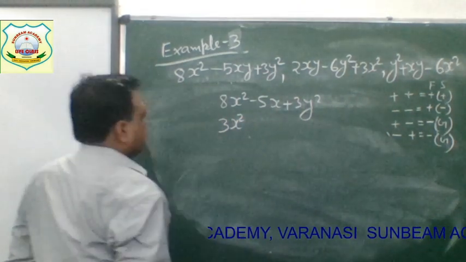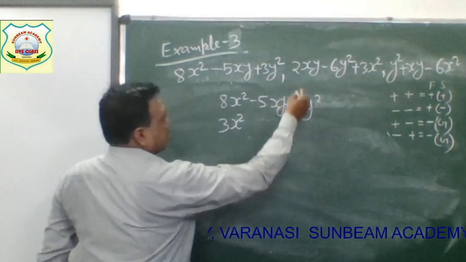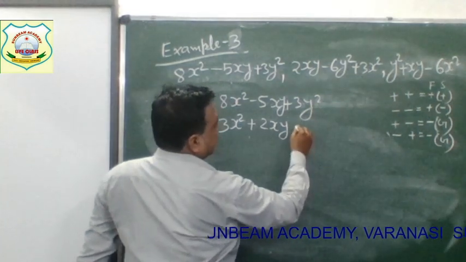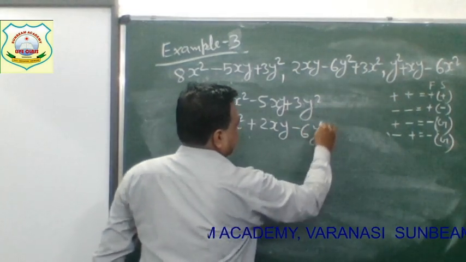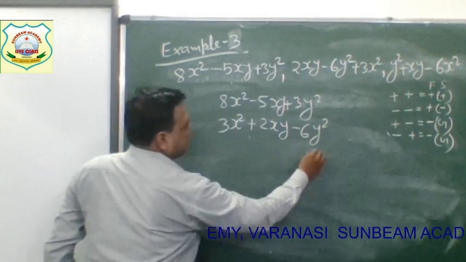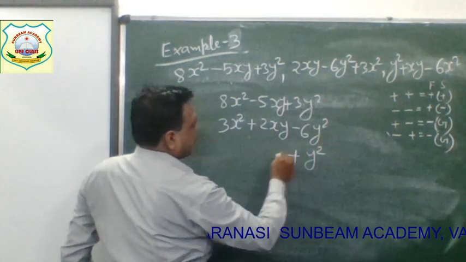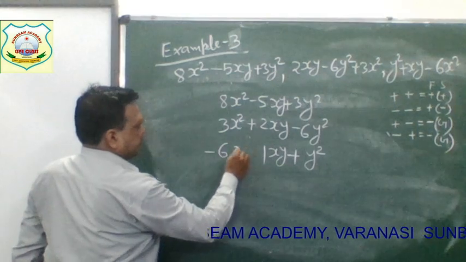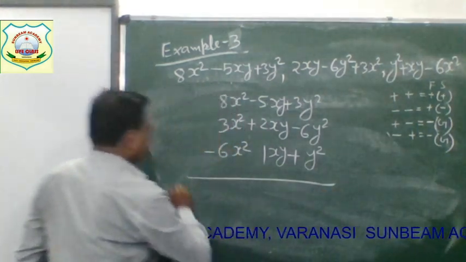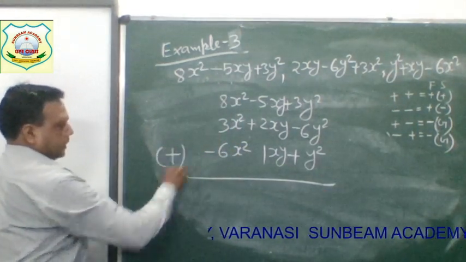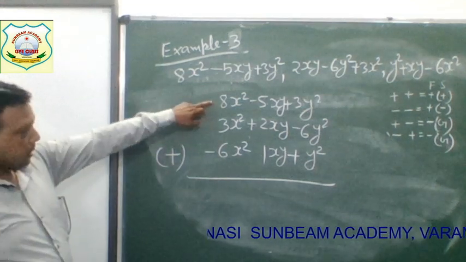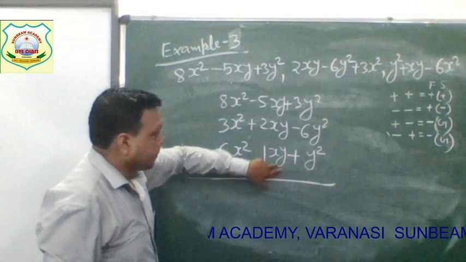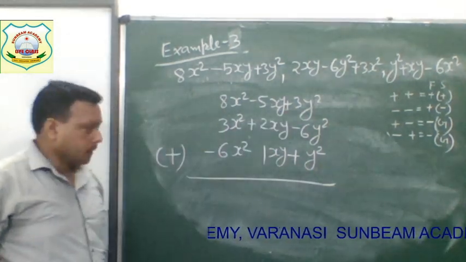Then this is xy. Plus 2xy and minus 6y square. Next one, y square plus xy, that is 1xy, and minus 6x square. We want to add them. First of all, see whether all are in the same variables or not. Yes, all are.